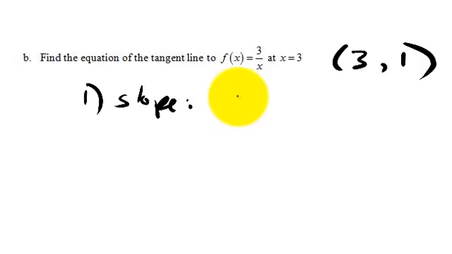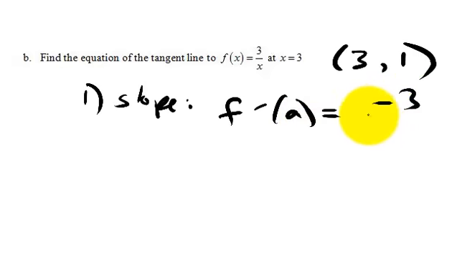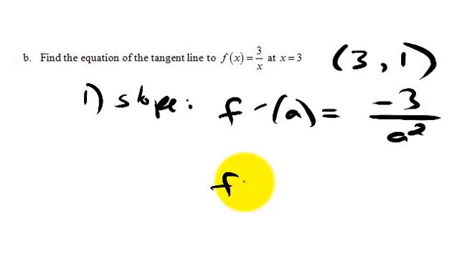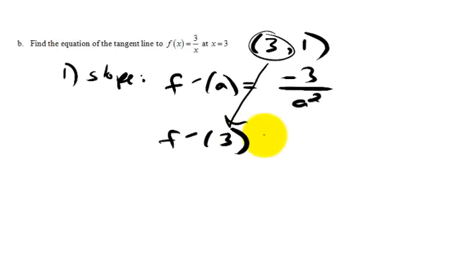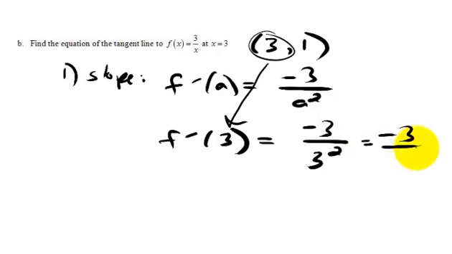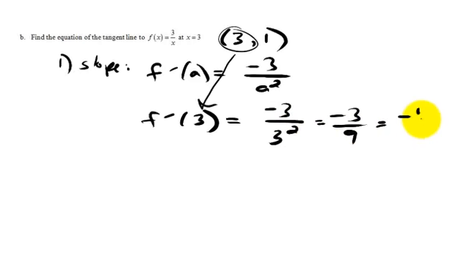So the slope, well, we just found in 7a that the formula for the slope is negative 3 over a squared. So f prime of 3, because that's the point I want, is going to be negative 3 over 3 squared, negative 3 over 9, negative 1/3.